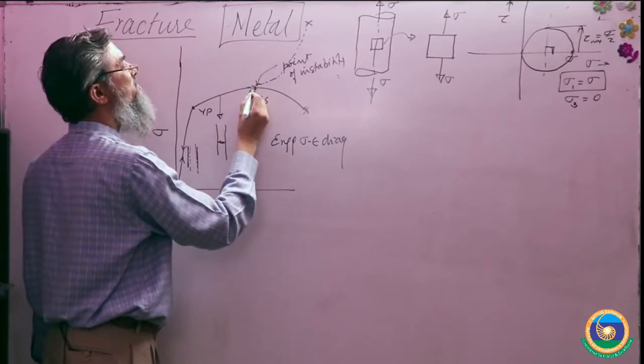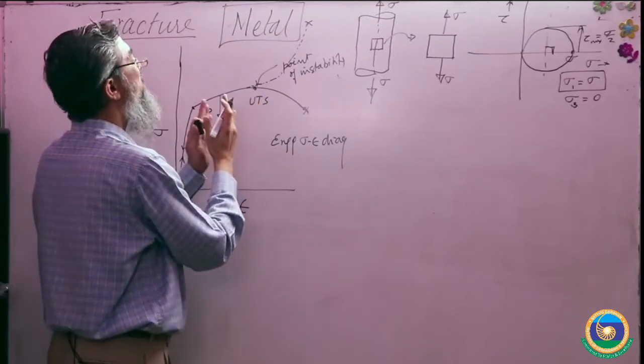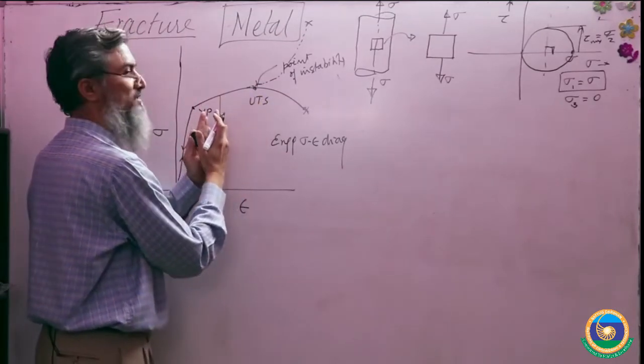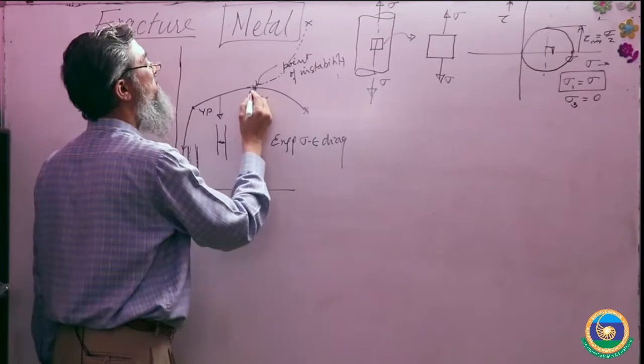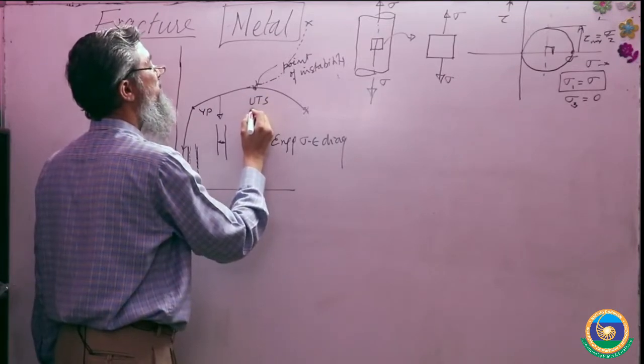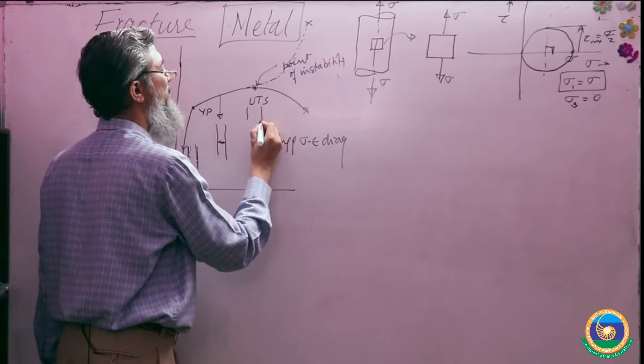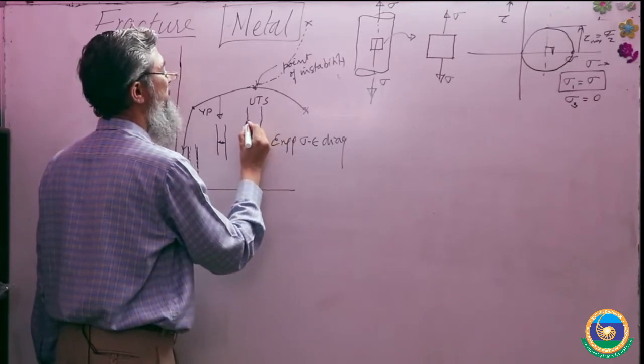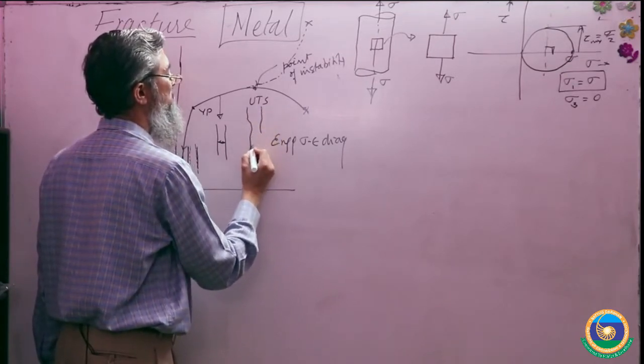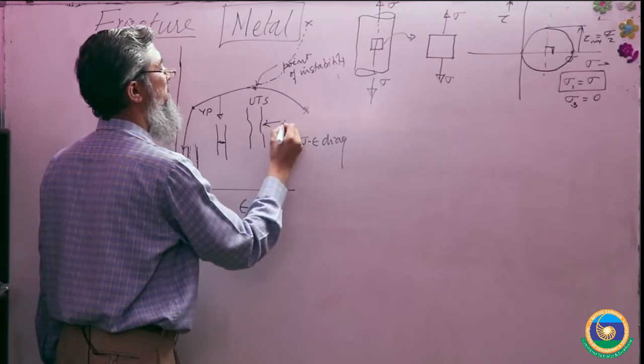But when you reach this point, it will not only be a simple reduction in the diameter, you will see this is the point of instability. I'll explain later what instability is. You will find that this kind of necking starts. This is called necking.